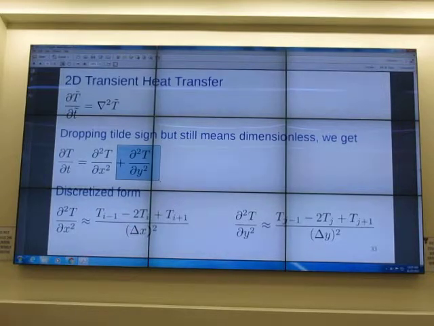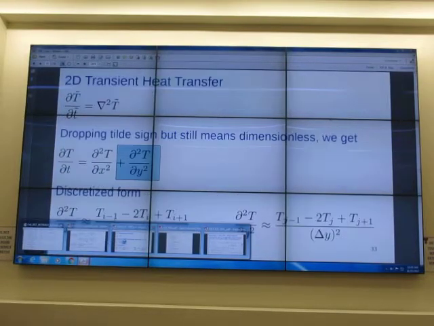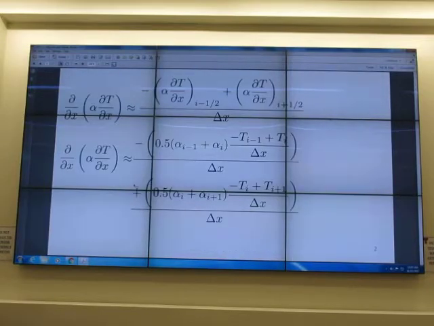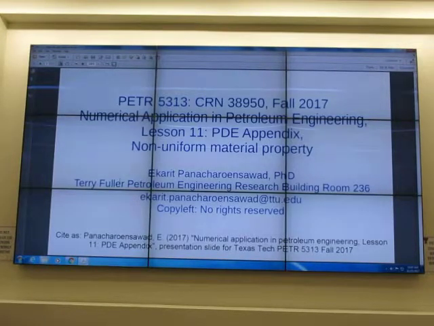But a little bit before that, we will talk about the case where the material property is not constant. Did I turn it on? Yes. Okay. So I uploaded a new file, I call it the appendix. In the appendix, I try to discretize the 1D heat problem, but this time with non-uniform thermal conductivity.